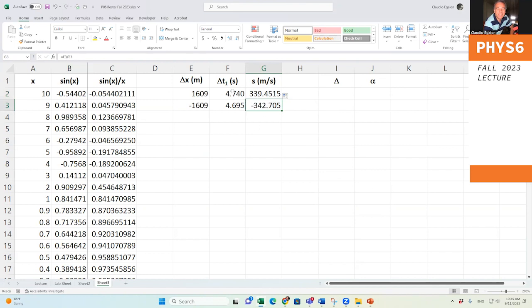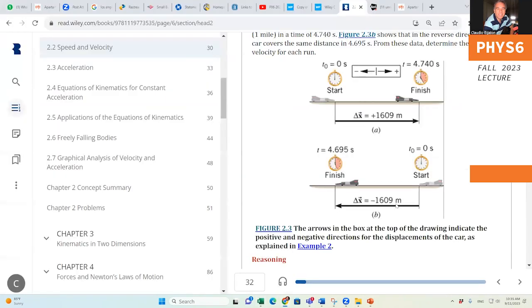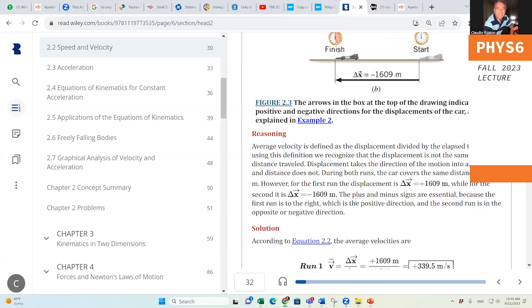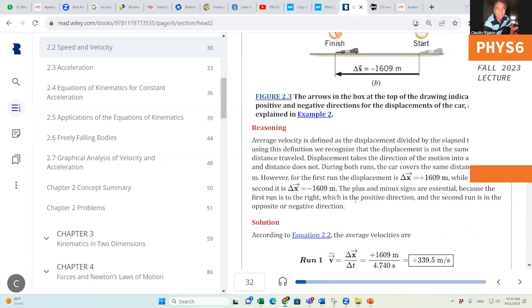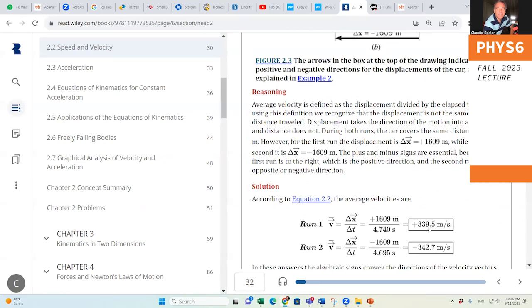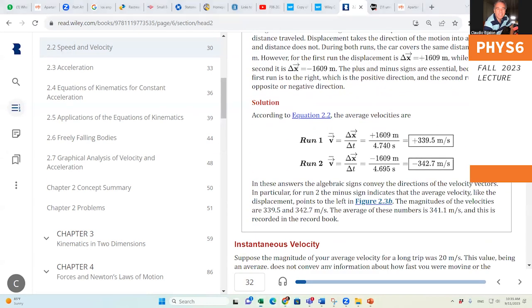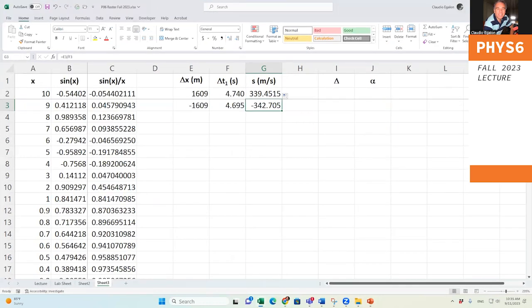It's a little bit more because he was moving downwind. 342.705. Let's make sure we got exactly what the book said. Delta x here is positive, delta x is negative. Run on 339.5. Is that what I got? Oh, he rounded up to 0.5. 1, 2, 3, 4. Yeah, it's right.